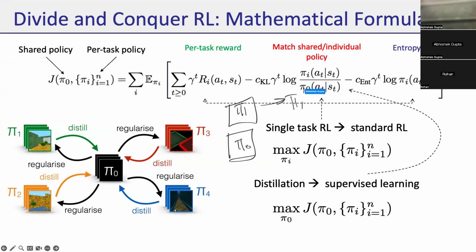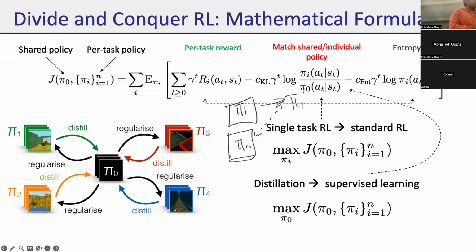You're just saying, don't let these things go too far from each other. So it's regularizing your individual policy improvement to not be too far from the shared policy. And that lets you transfer information from this task to this task. That's how the shared policy affects the individual policies. So this is what's going to make it more efficient than if you just train them all individually, right?